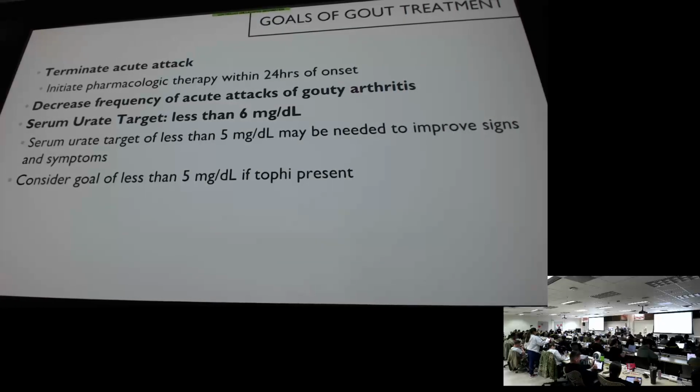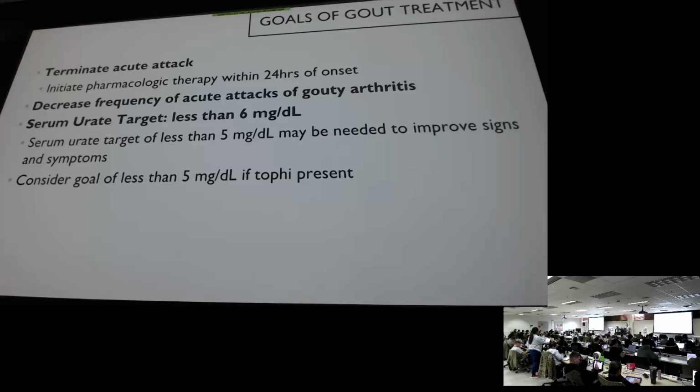With gout, as I mentioned, you go to bed feeling okay, feeling normal, and then you have acute pain. So the first thing we're going to do is try to get some pharmacotherapy on board for the acute attack, pain control. Once we get that controlled, then we talk about whether the patient has another episode and another episode.